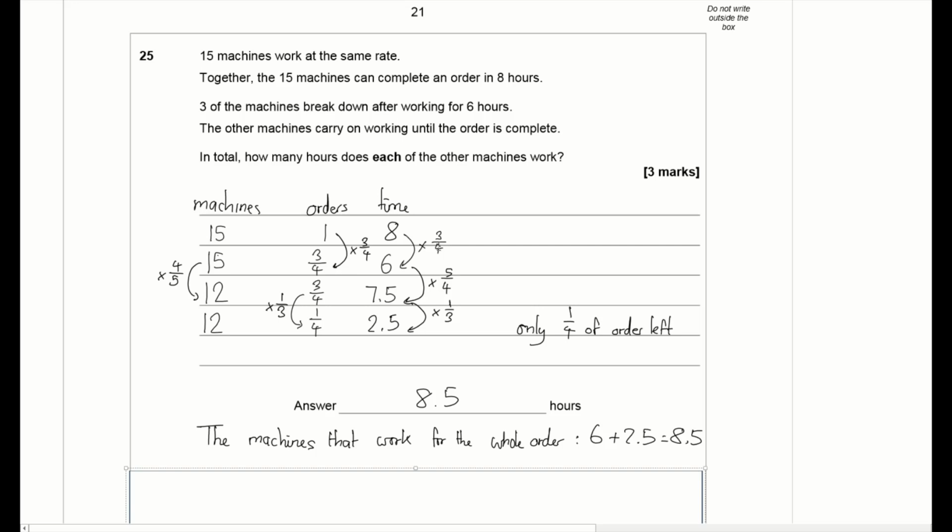The easiest way to figure that out, of course, is to divide where you're going, 6 by where you came from. New divided by old, 6 divided by 8 is 3/4. Now, we know that orders and time, as discussed previously, are directly proportional. So orders will also be multiplied by 3/4 as well. Well, 1 times 3/4 is 3/4. So we effectively know here that when the 3 machines break down, 3/4 of the order had actually been completed.